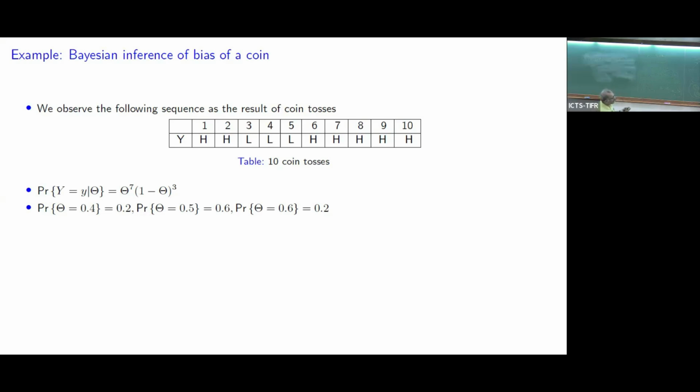Here, I'm giving more belief to the fact that it is fair. I'm saying that I believe with a belief of 0.6 that it is 0.5, only 0.2 for 0.4 and 0.2 for 0.6. This is the prior belief that I have. Any questions here?